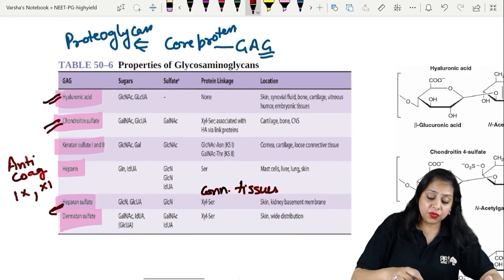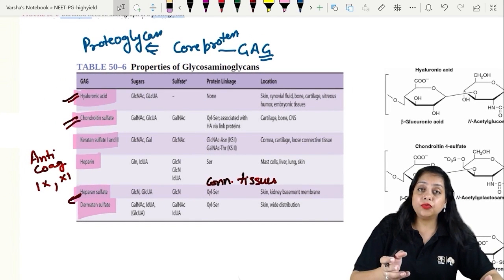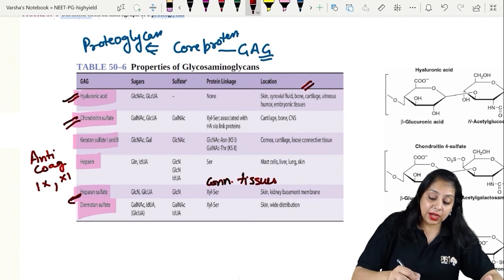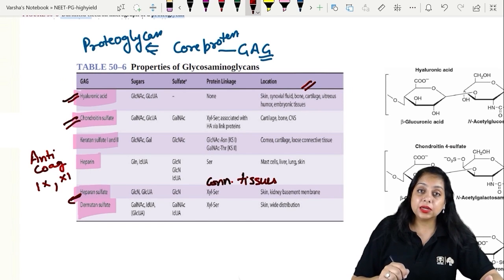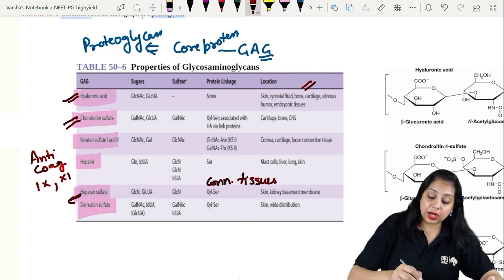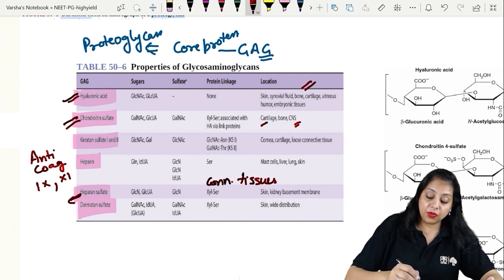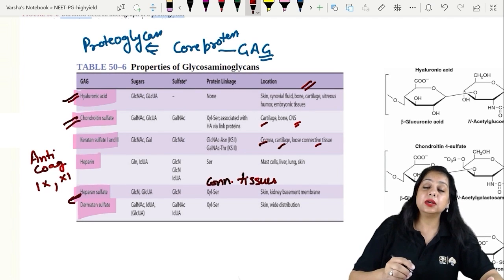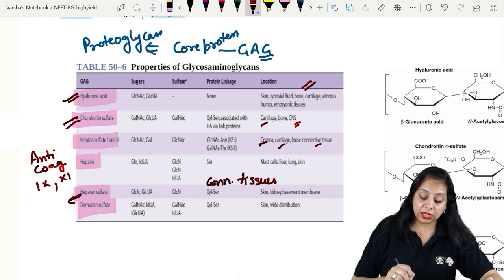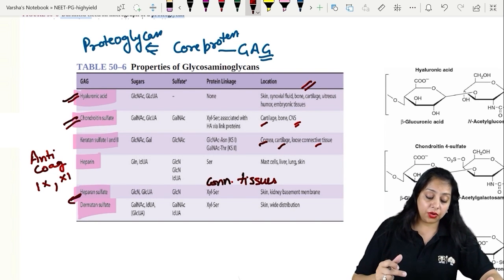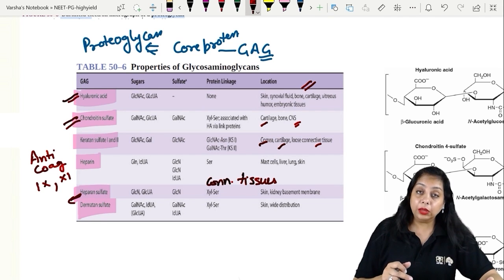They asked which one is found in the synovial fluid and vitreous humor. That is hyaluronic acid. Chondroitin is found in cartilage and CNS. Keratan sulfate is found in cornea, cartilage, and loose connective tissues, right? Not so much asked, but you should know hyaluronic acid and chondroitin sulfate. These are very, very important.